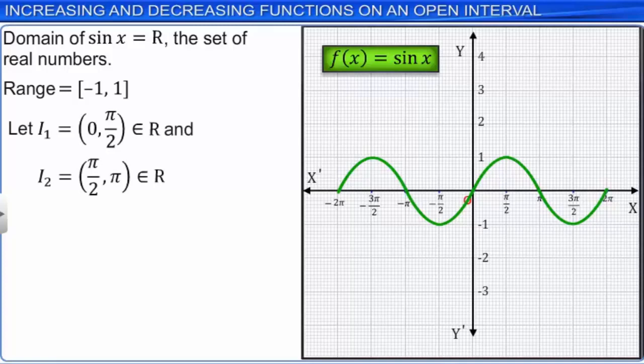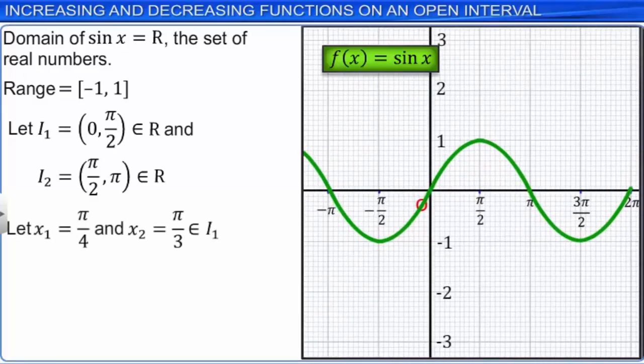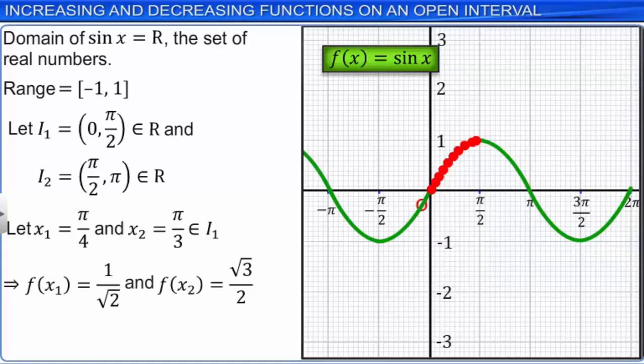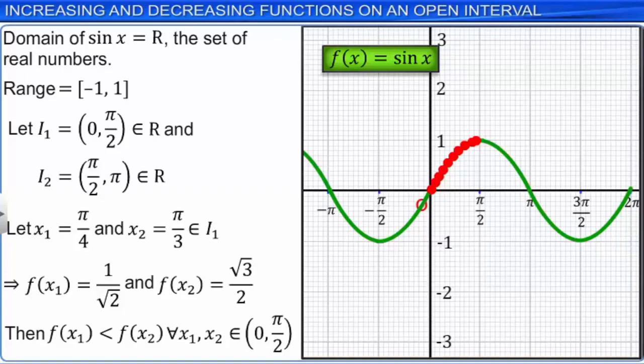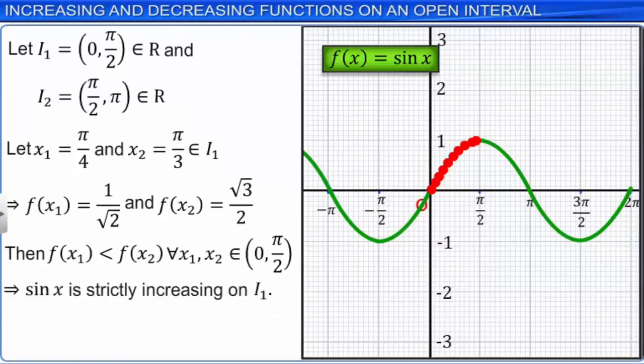If we consider any 2 points, x1 and x2 between 0 and pi by 2, such that x1 is less than x2, then f of x1 is less than f of x2. This implies sine x is strictly increasing on interval I1.